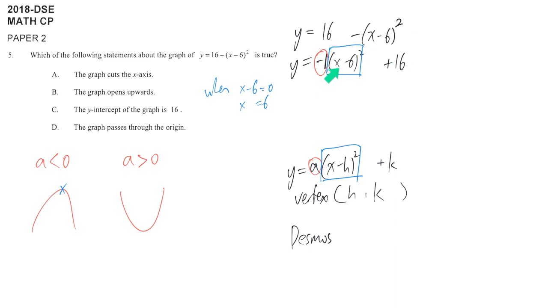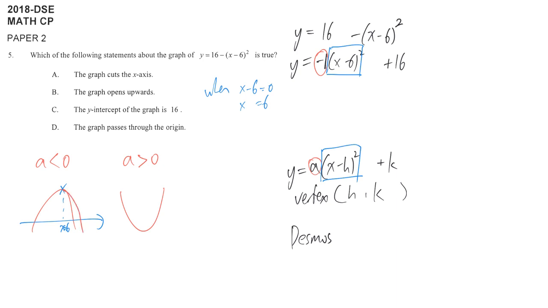If x is not 6, this square will be some positive value, which means from 16 we need to subtract some other value, which will cause the graph to go down in both directions. So we know that the x position is equal to 6 at the vertex point. This graph is not really good, it should be symmetric.